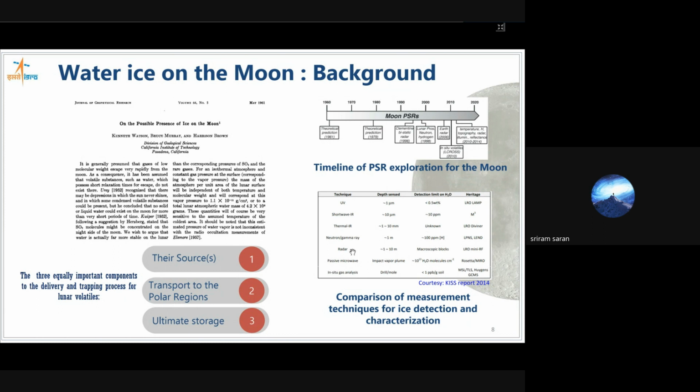So when we see the radar in this table, we can see that it can sense up to 10 meters down the regolith, and it can only detect macroscopic blocks. That means if it is present in the form of sheets or blocks, then radar can detect it through the process of scattering, and the underlying phenomenon is the coherent backscatter opposition effect, which I have just described previously.